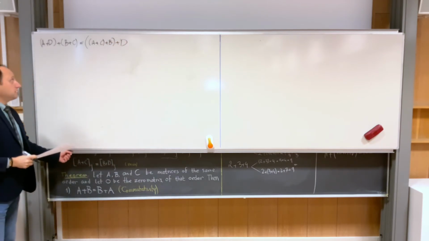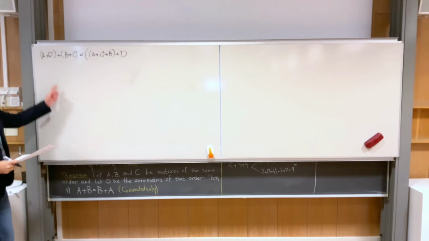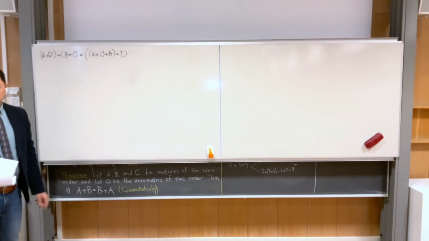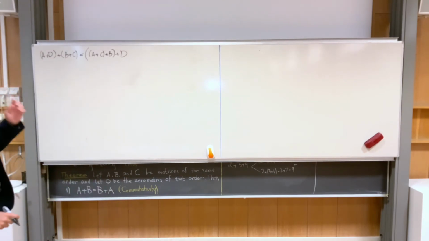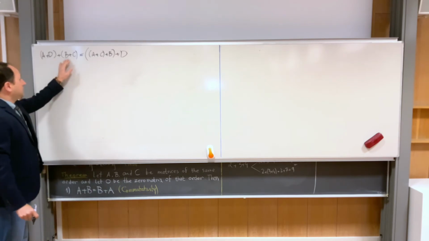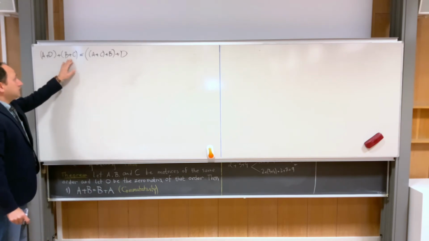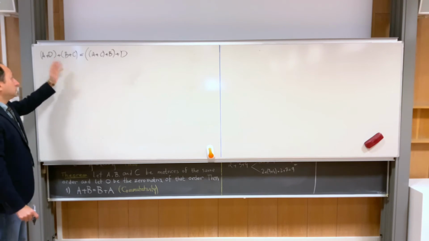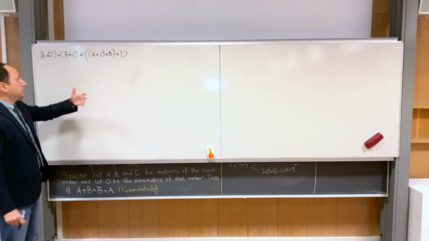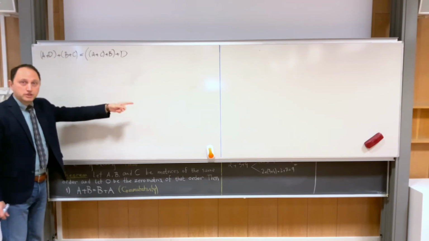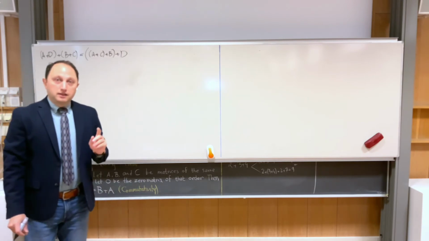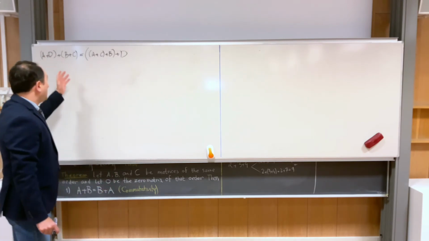So of course you immediately realize that this is true because you know that the addition is associative as well as commutative. So this is completely clear, but I want to tell you that if you really want to prove it using the commutativity and associativity, how you should do it.